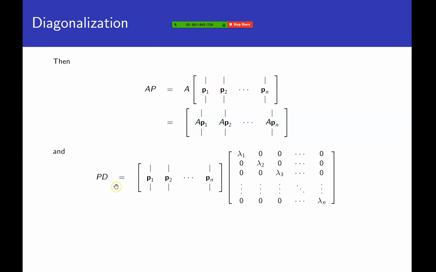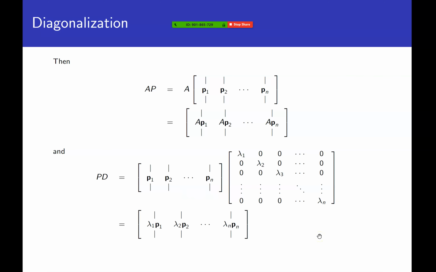Now let's look at the right-hand side. Let's say we have PD equal to this matrix. When we match things up, lambda 1 gets multiplied by everything in the first column of P, lambda 2 gets multiplied by everything in the second column of P, and so on down the line.